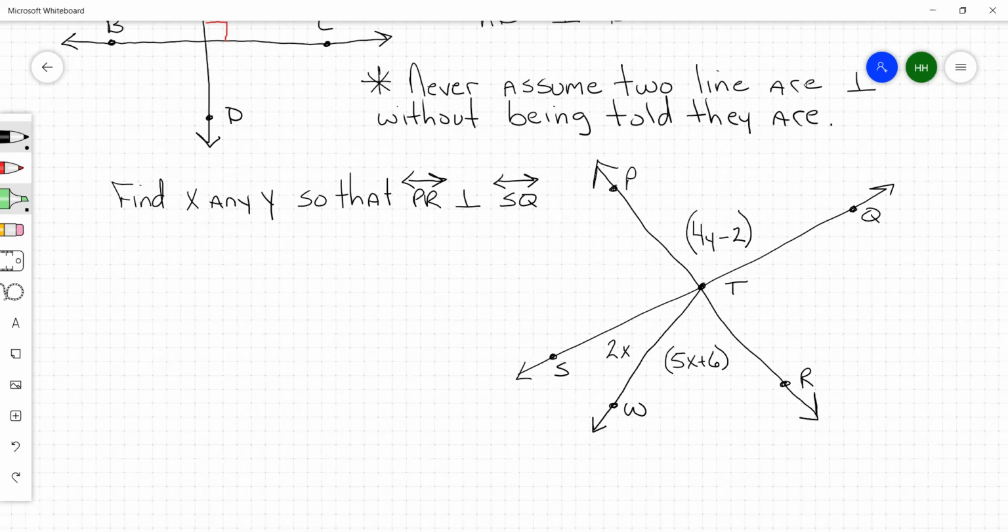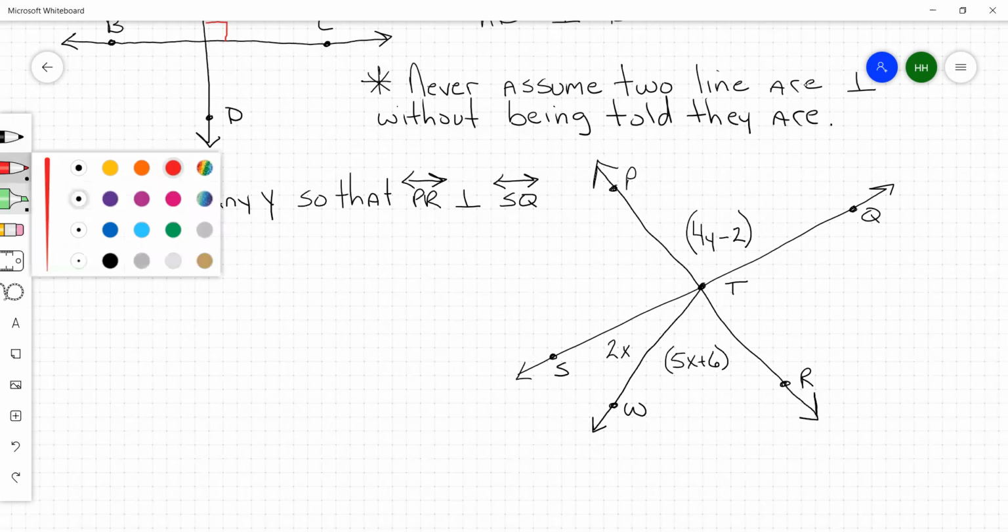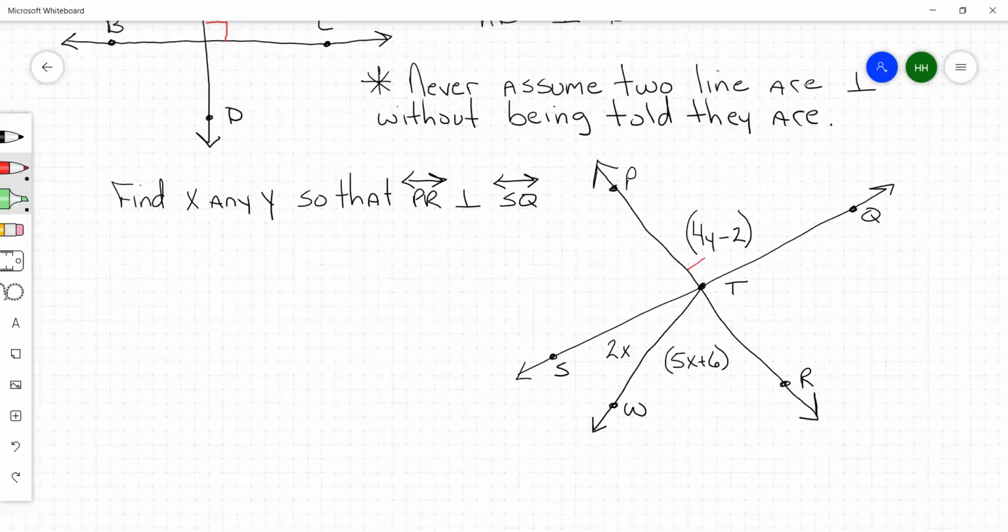So don't we need to solve for some variables so that this is true? If we want PR, which is, let's go with green, and then SQ, I'm going to color it blue because those are the two lines we're working with here.